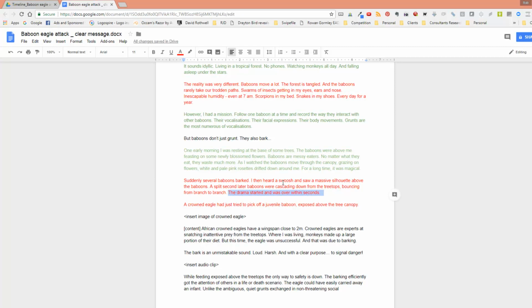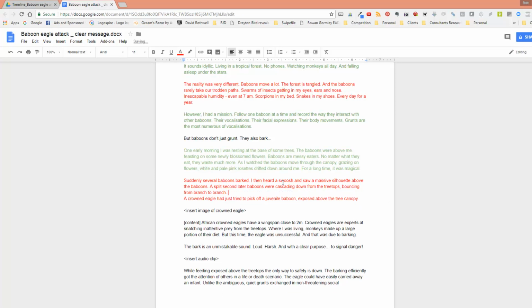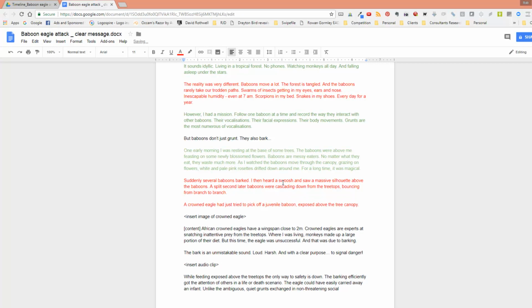Don't trivialise the drama. I think we want to enhance the drama and pull the drama out, not just say, oh yes, so this massive shadow appeared and then all these baboons crashed around. But it started and was over in seconds. It's a bit of an anticlimax, so let's just take that out. And he said a crowned eagle had just tried to pick off a juvenile baboon.